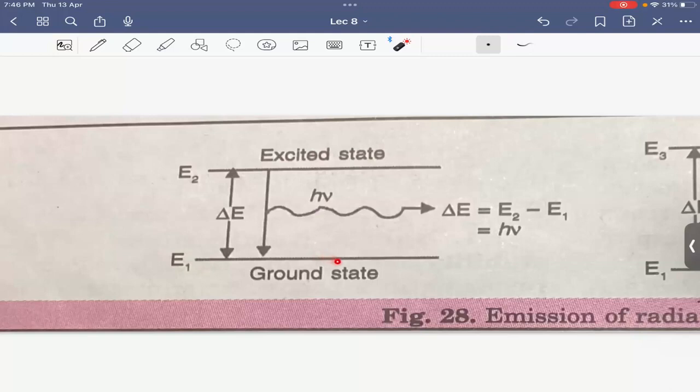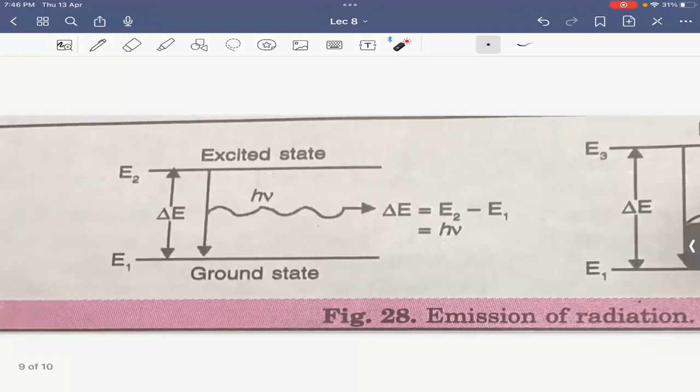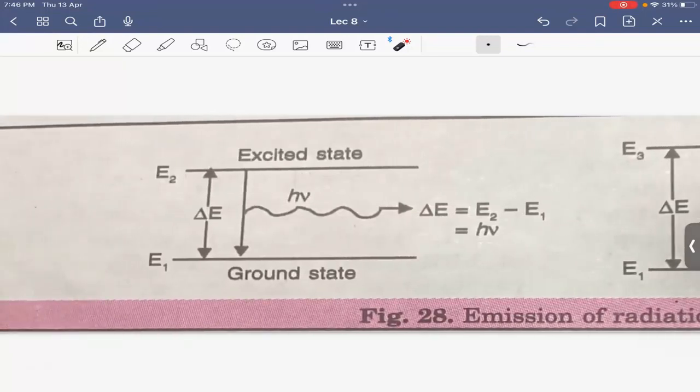And this transition, that is, change from upper to lower energy level, occurs with a jump, and energy is emitted in the form of radiation. For example, if the electron comes back from this energy state to this energy state, the energy level difference will be E2 minus E1, which is nothing but the energy of the associated wave, h into nu.